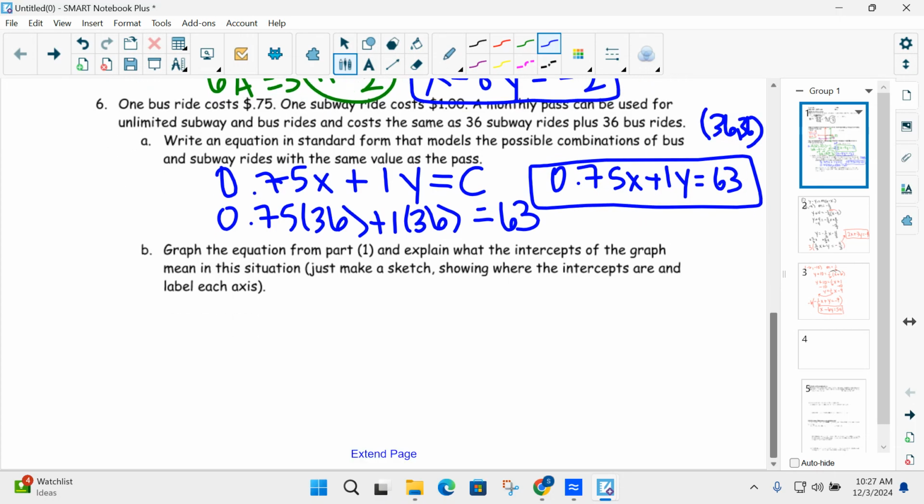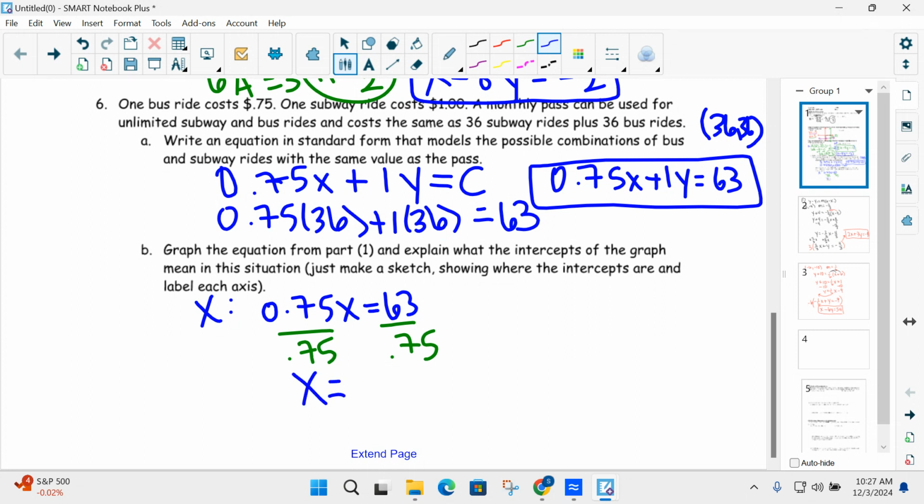For part B, it says graph the equation and explain what the intercepts of the graph mean in this situation. So in order to graph, you would need to find the intercepts. So your x-intercept is by setting y equal to 0, so you would have 0.75x equals 63. And if you divide both sides by the 0.75, that would give you 84.